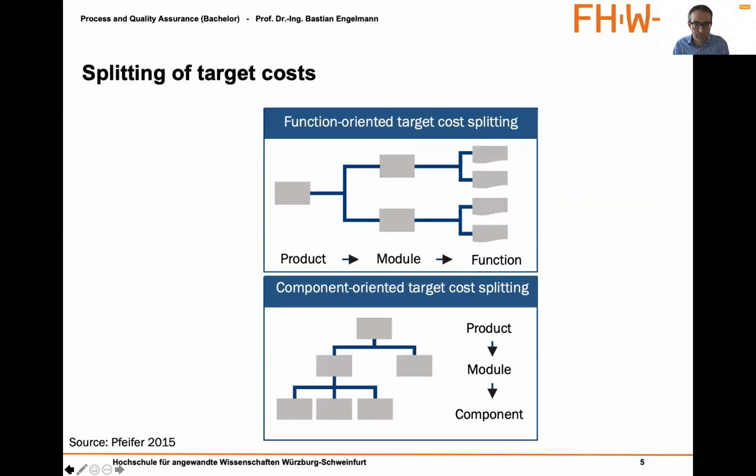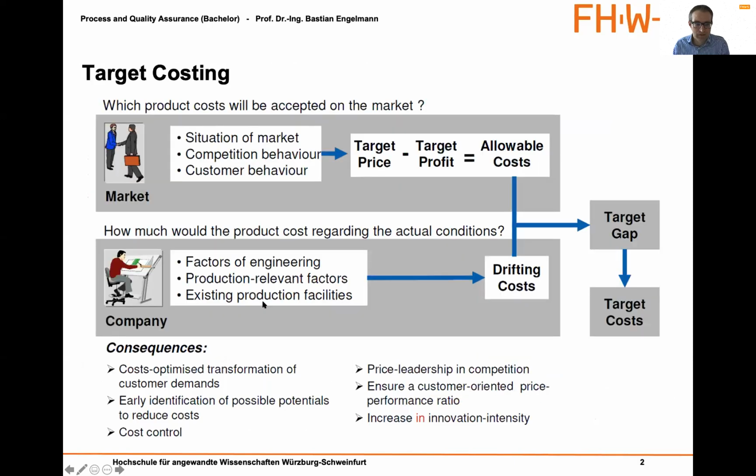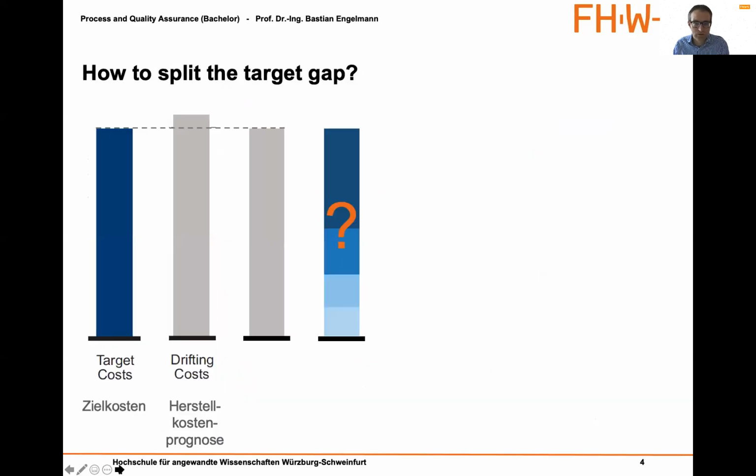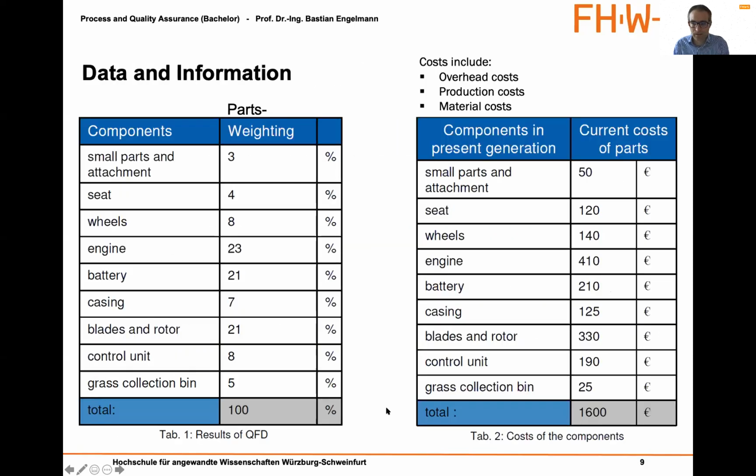What are our drifting costs from our engineering? You were asked to take a look at the tables. Where is the information from our engineering about the cost of the parts?